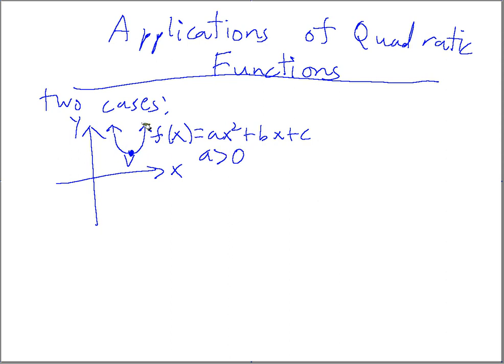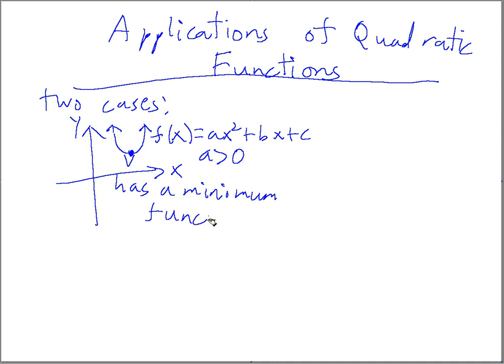Now, if a parabola opens up, you recall the range is going to be from this low point to infinity. So this parabola has a minimum function value at the vertex. This case has a minimum function value, but no maximum because it opens up. It goes on forever in terms of its function values.